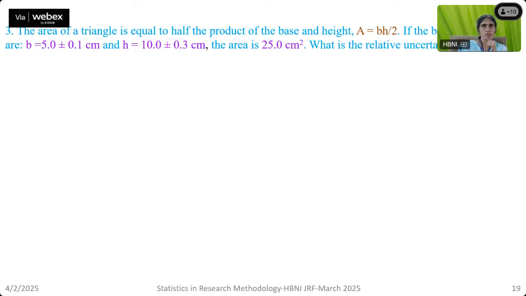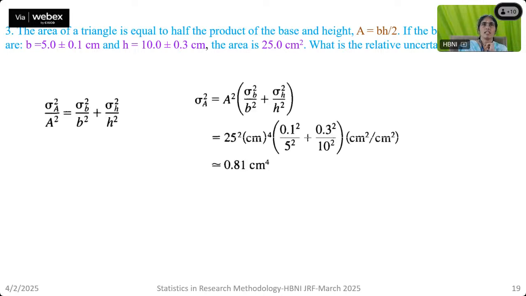Okay. The expression for finding the area of the triangle is base into height divided by 2. So the uncertainties are given here, in plus or minus values. The uncertainty in the height is numerically larger than that in the base.